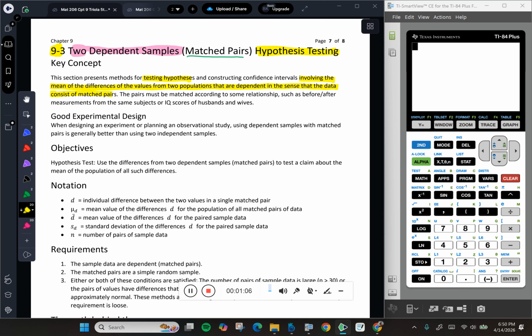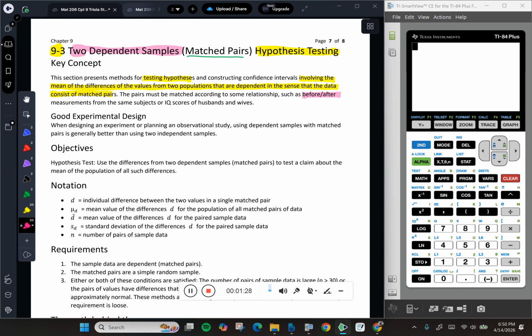Basically, here's the idea. Most of these are going to fall under the before-after measurement. So matched up, we measure something about a data point before treatment. We apply treatment, we measure it after. Before and after, right?